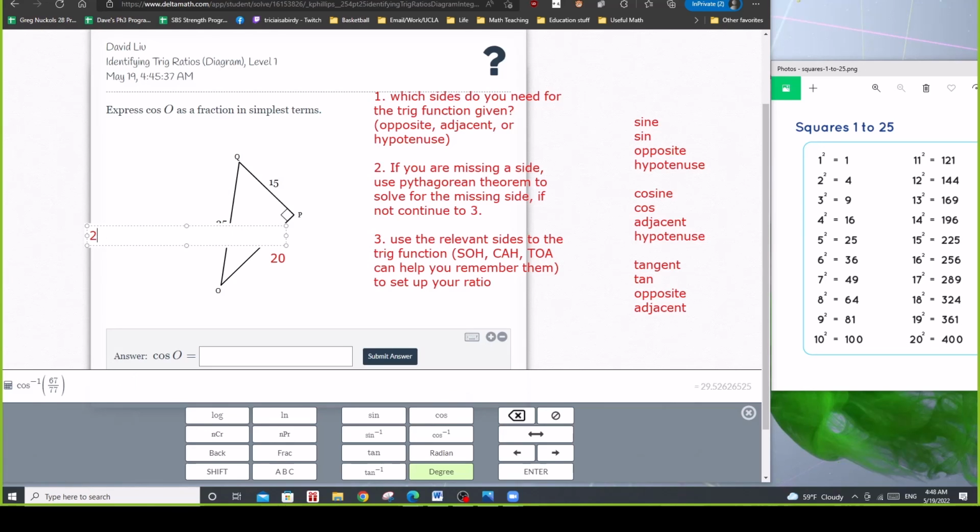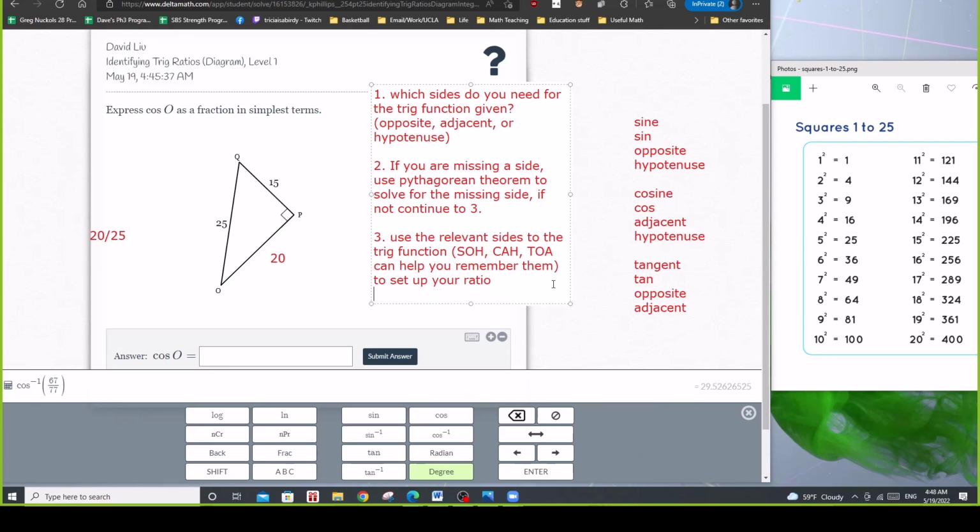Fraction will be 20 over 25. It says simplest terms, right? So make sure you are doing this simplest form fraction or rounding to the hundredth place, depending on the question, okay?